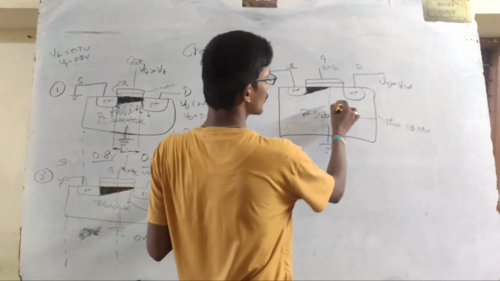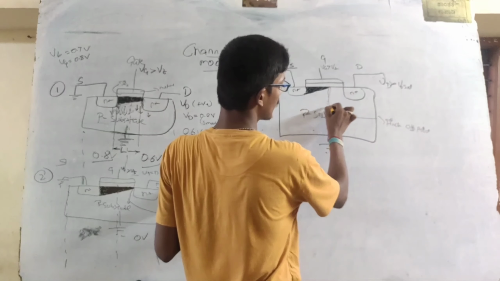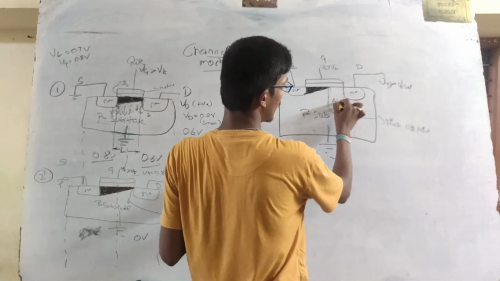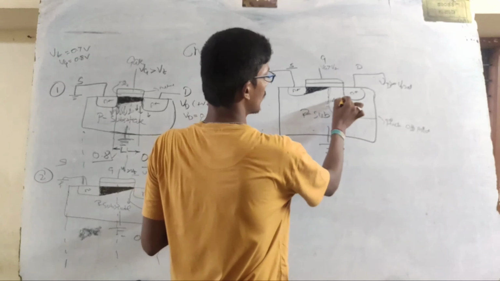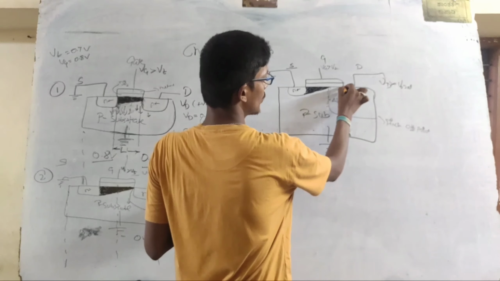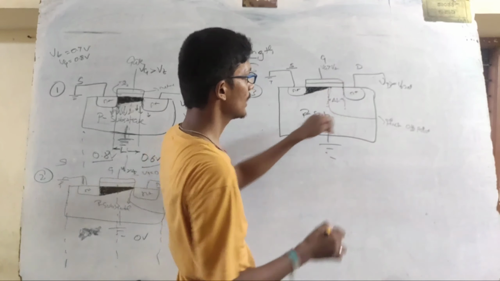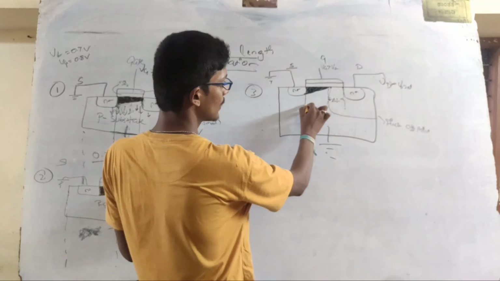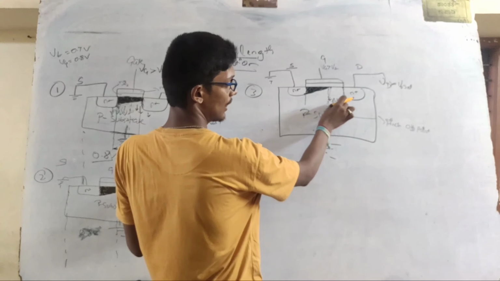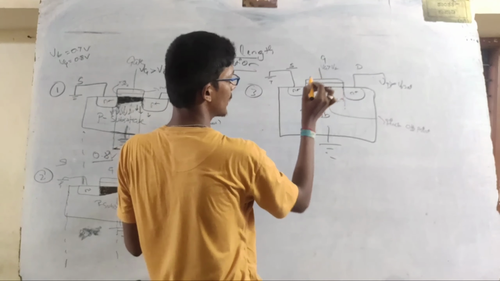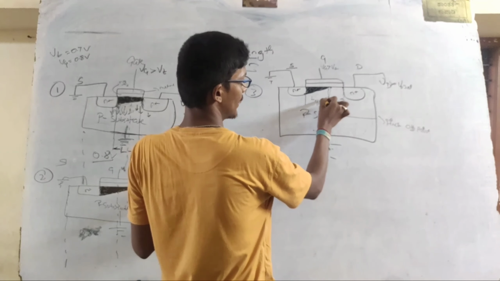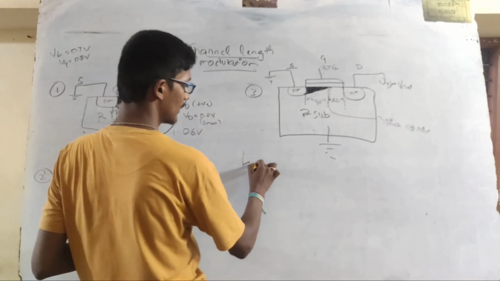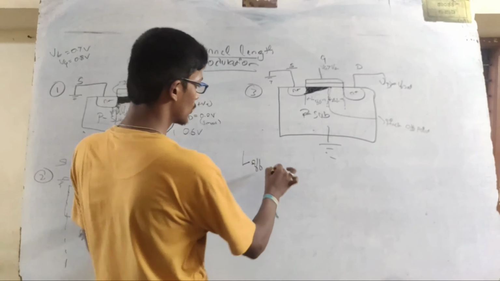So this shift, how much it has shifted, the length I take as delta L. From the point here to the point here, how much it has shifted, let's take the length as delta L. So this length which is present before delta L is known as L effective, the effective length.